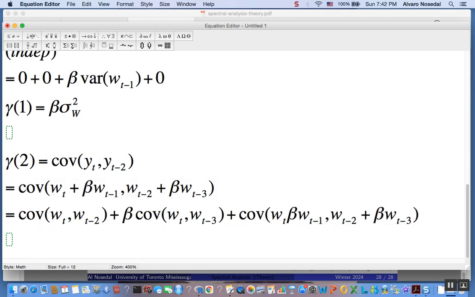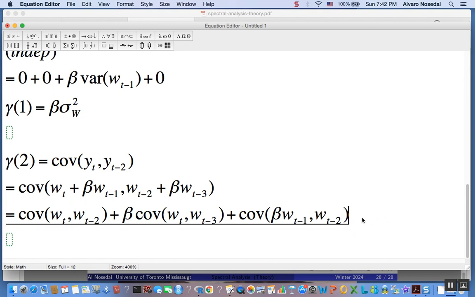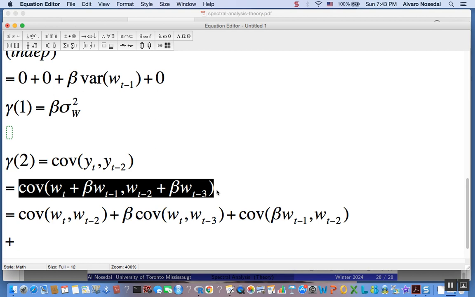So we have beta W_{t-1} and then W_{t-2}. And finally, the fourth term would be beta W_{t-1} and beta W_{t-3}, the covariance between those two terms.